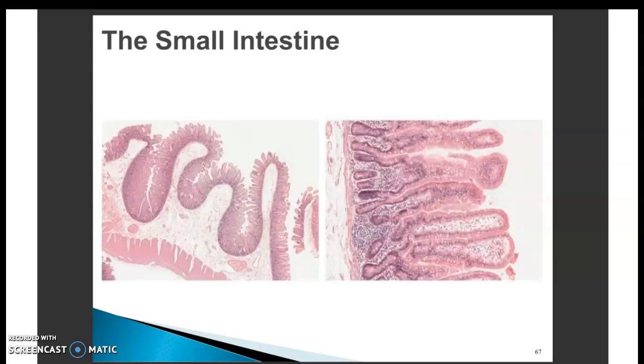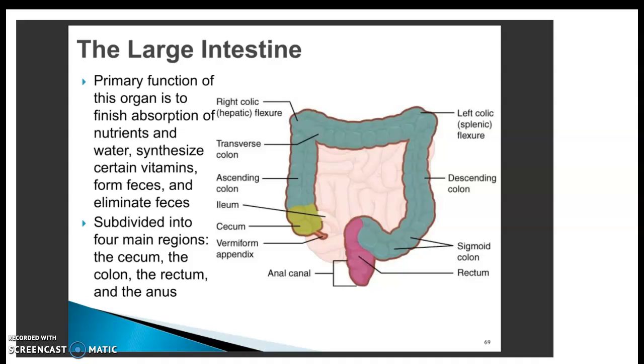After reaching the ileum, the end of the small intestines, the large intestine starts.